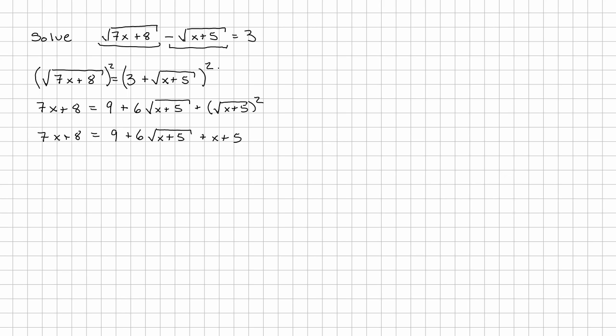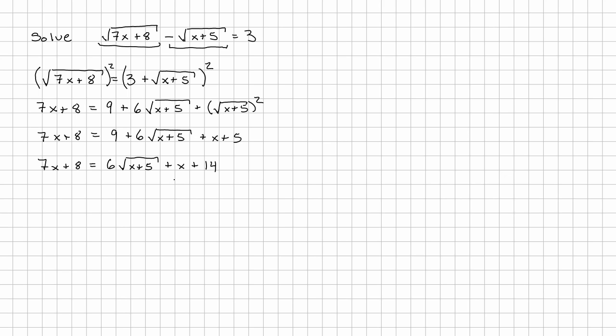Okay, so I didn't eliminate both radicals, but I did eliminate one. Now I want to simplify. 7x plus 8 is 6 root x plus 5 plus x plus 14.